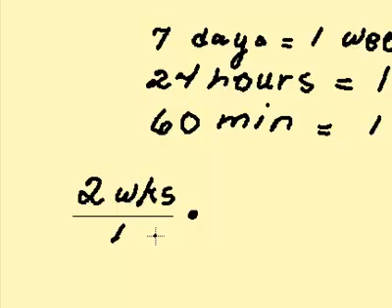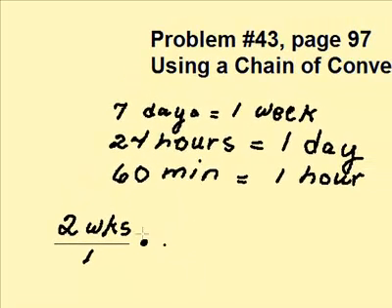Now, because we know that there are 7 days in 1 week and that they are equal to each other, I'm going to set up the next fraction in my conversion so that the weeks will divide out, simplify out, cancel out, whichever term you're used to seeing.